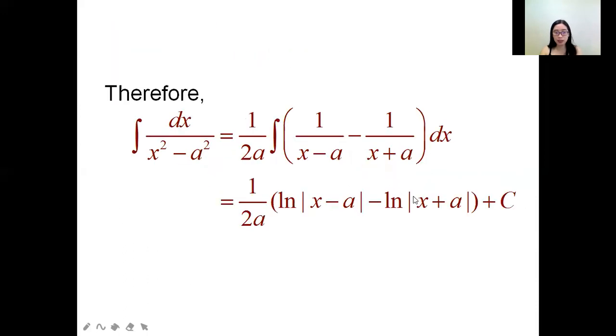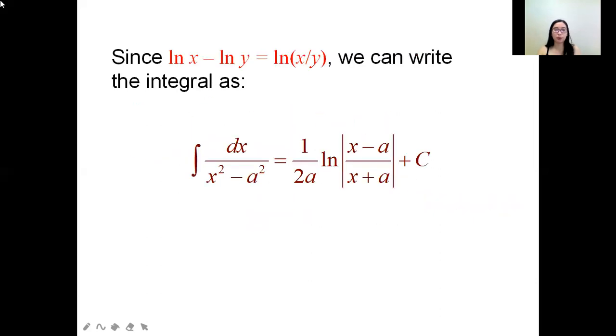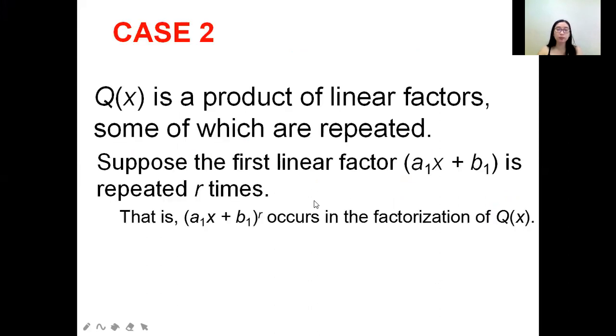That is the final answer. Then the logarithmic property for the difference of two logarithmic terms: the first is the numerator, and the second is the denominator. Okay, so ln x minus ln y is equal to ln x over y.